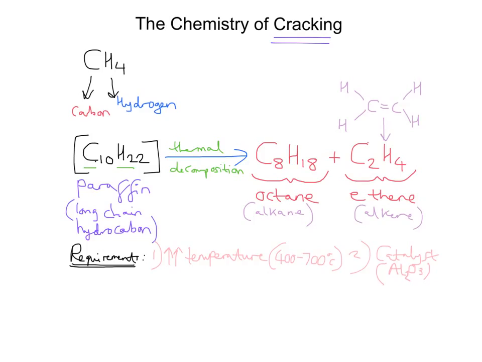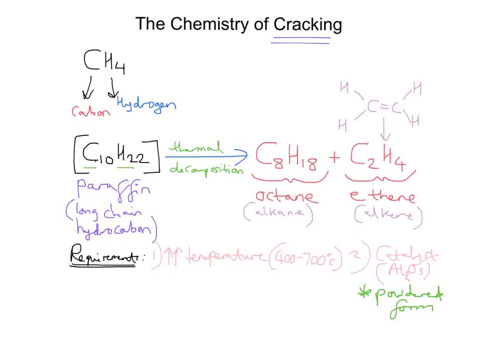What we actually do is pass these hydrocarbons over the catalyst, and we do it in powdered form. So just make a note here that this catalyst is in a powdered form. And the actual hydrocarbons that enter are vaporized hydrocarbons.